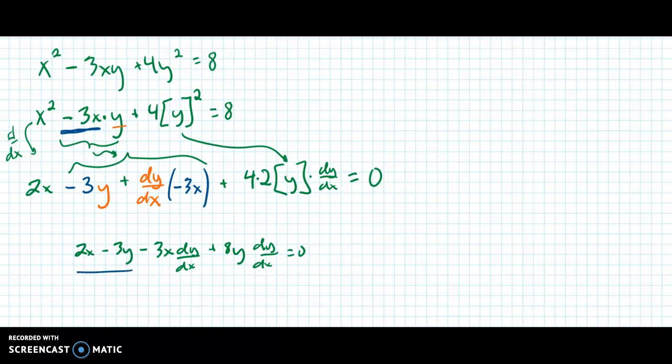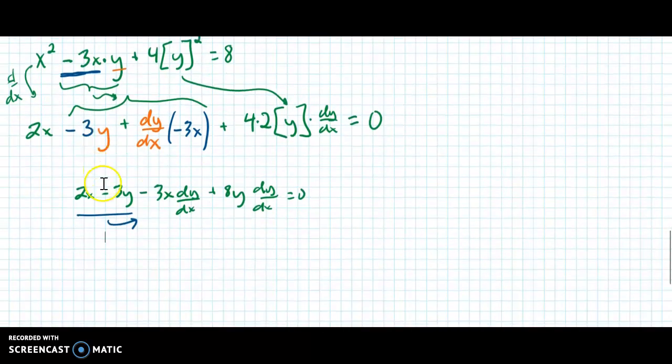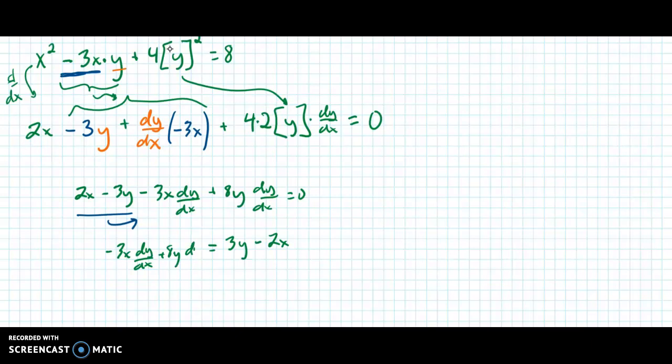These two need to move over to the right side. So when I do that, I'm going to subtract 2x and add 3y. That's going to give me an equal sign that has a plus 3y and a minus 2x. Now I will rewrite the remaining parts up here. I've got minus 3x dy/dx plus 8y dy/dx.